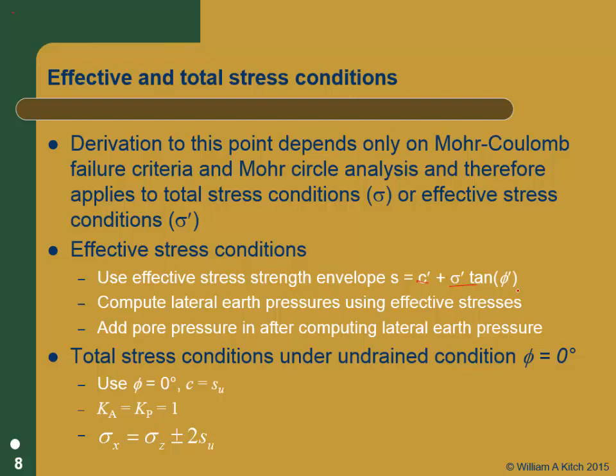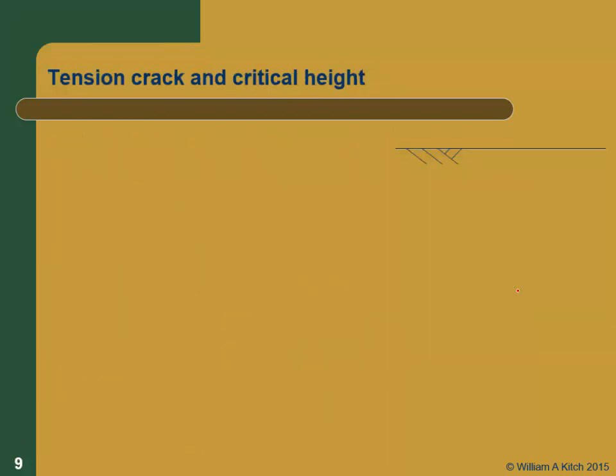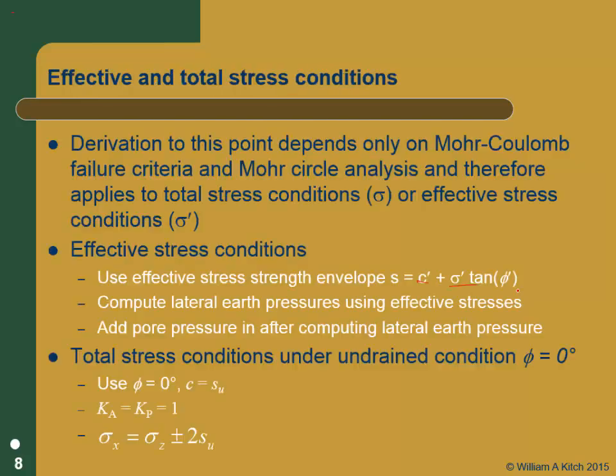In that case, sigma x is equal to sigma z plus or minus 2 times the undrained shear strength. I did that too fast. Plus or minus, right? In the active case, it's going to be minus, and in the passive case, it's going to be plus.